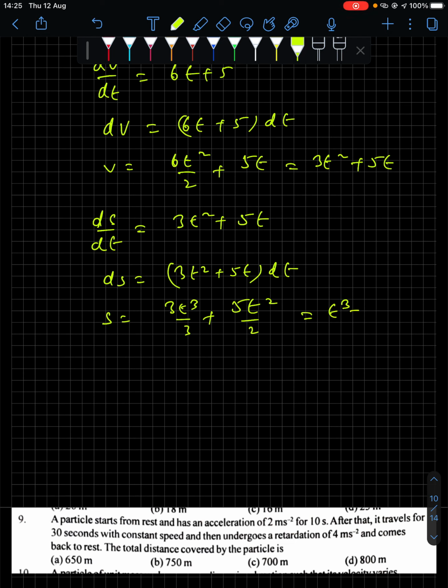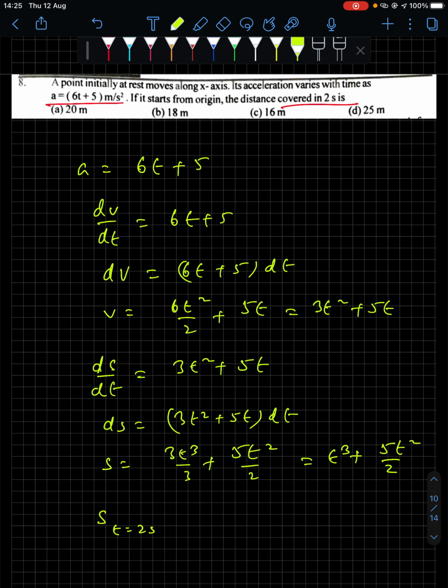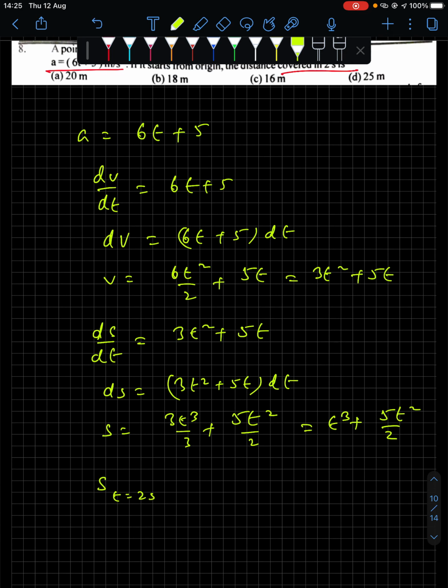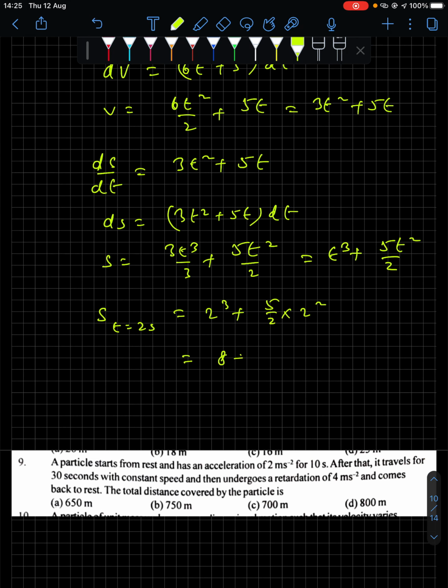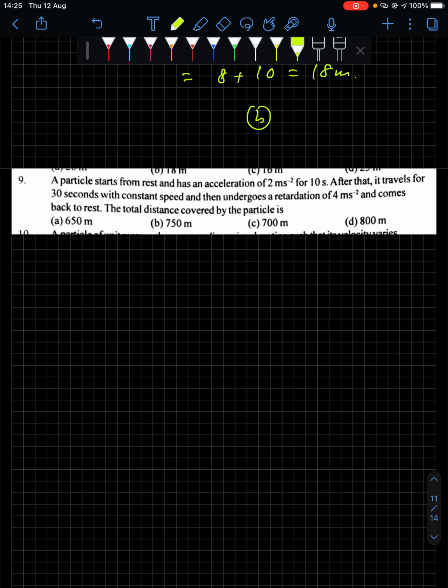So this gives you t cube plus 5 by 2 t square. Now s at t equals 2 seconds, distance covered in 2 seconds, is 2 cube plus 5 by 2 into 2 square, which is 8 plus 10, and it is 18 meter. Option number B is your answer. Number 9.